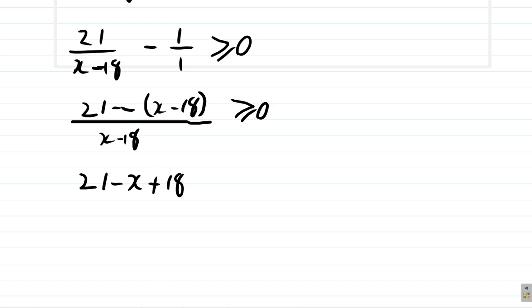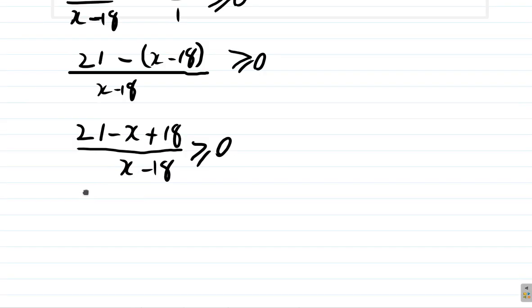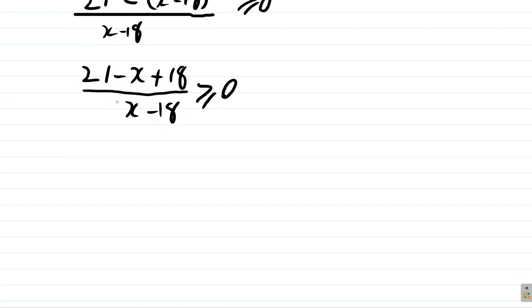So here, over x minus 18 is greater than or equal to 0. But here now, it would be negative x, 18 plus 21 is what? 39. Negative x plus 39 over x minus 18 is greater than or equal to 0.